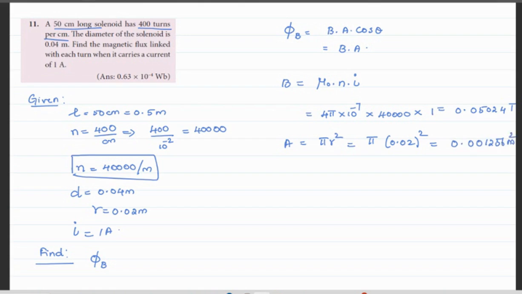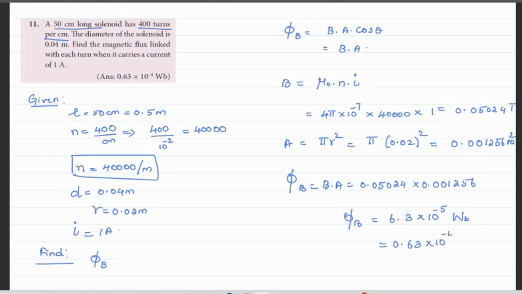So magnetic flux phi B is equal to B into A, which is equal to 0.05024 into 0.001256. So this is phi B is equal to 6.3 into 10 power minus 5 Weber. Minus 4 கொடுத்திருக்காங்க. அப்போ multiply பண்ணி divide பண்ணுங்க 10 ஆல. So this is 0.63 into 10 power minus 4 Weber.